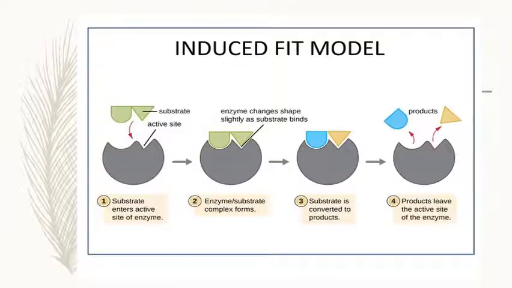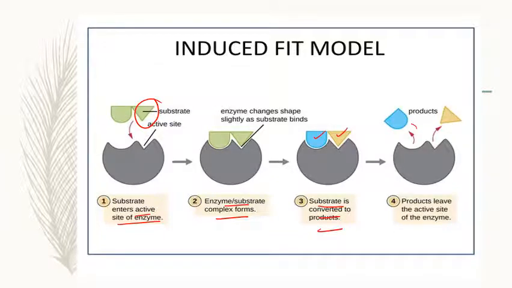If you see here, this is the substrate and this is the active site. Clear, everyone? The substrate enters the active site of the enzyme and it results in the formation of the enzyme substrate complex. Now the substrate is converted to product. You can see these are the products.